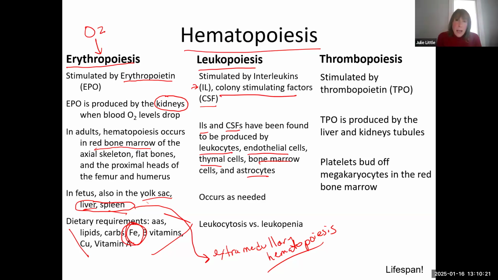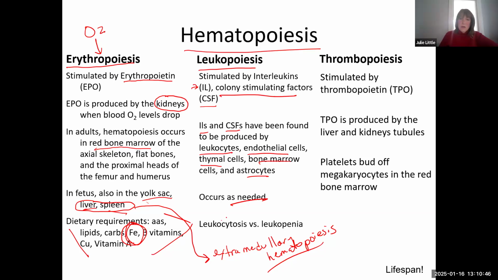If you recall, astrocytes are a type of neuroglia found in the central nervous system. So even astrocytes can produce these interleukins and colony stimulating factors. So when do we stimulate leukopoiesis? When it's needed. You can have a very sharp increase in white blood cells if you have an infection.